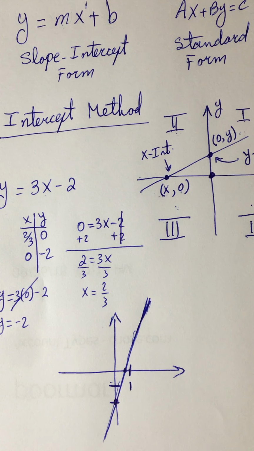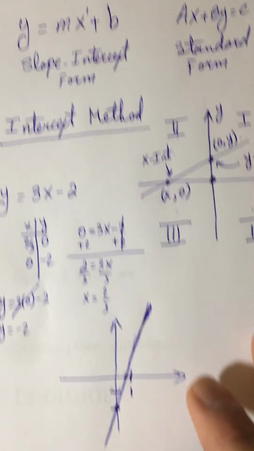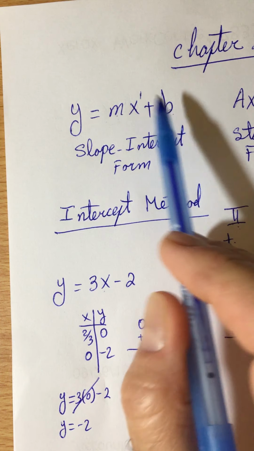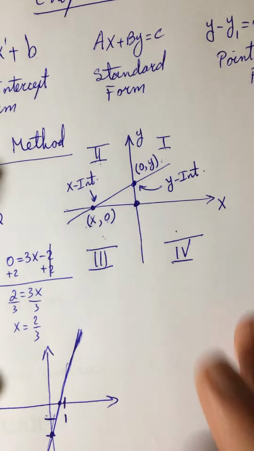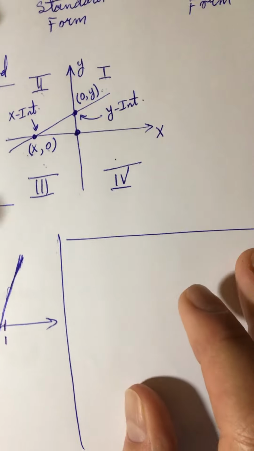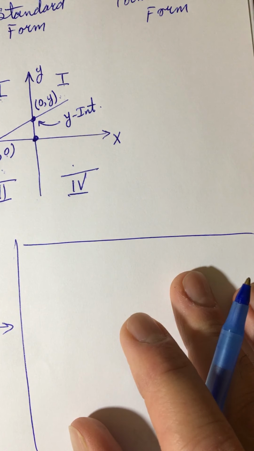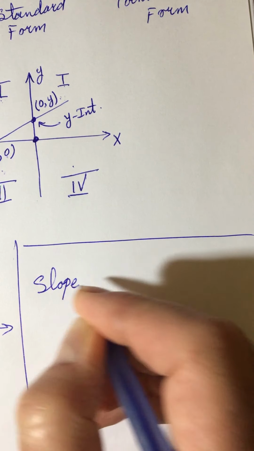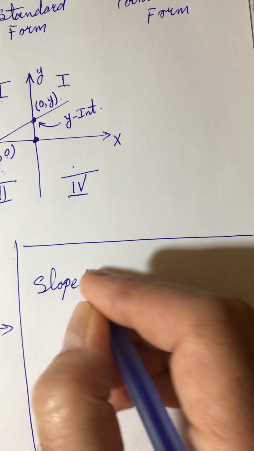The other way of graphing a linear function is using the slope and the y-intercept. So before we do that, we've got to remember, what do we mean by slope? First of all, what's the symbol for slope?